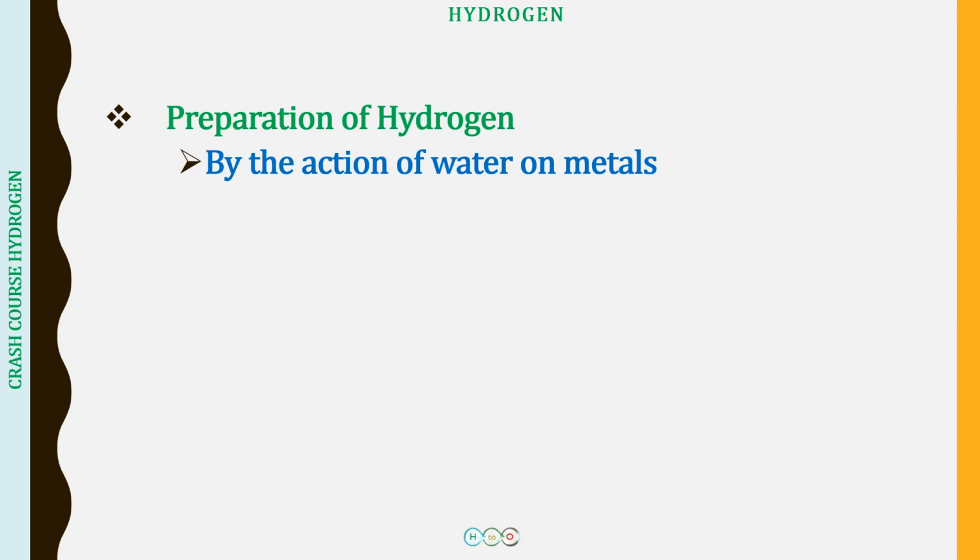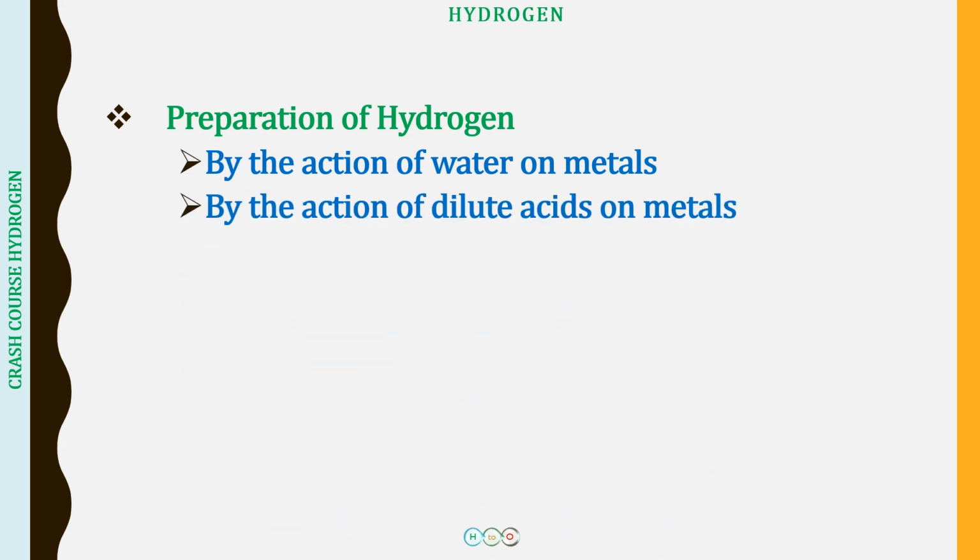What you have to remember here is the activity series that you have learned in your junior classes. All the metals which are more active than hydrogen will be able to evolve hydrogen from water. I will give you the activity series on the next slide and discuss this point a bit more.